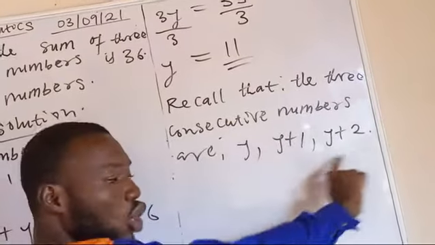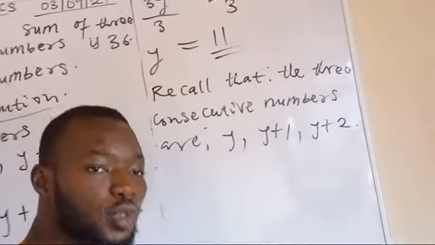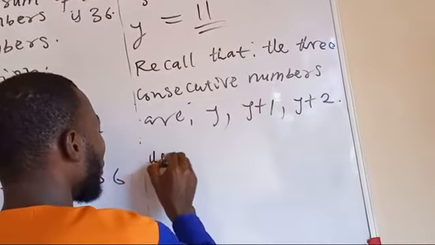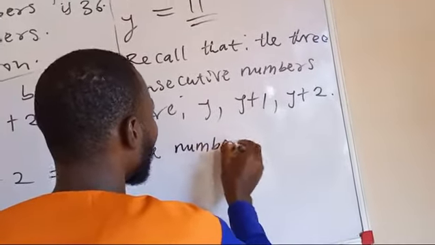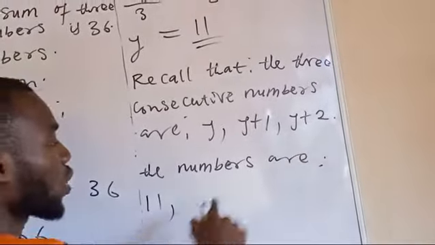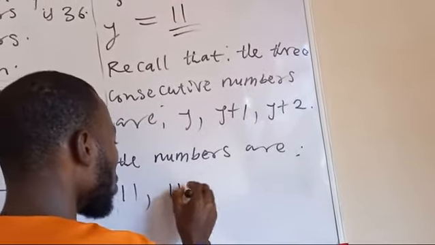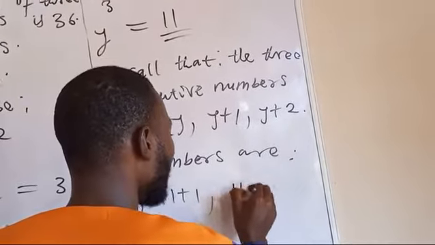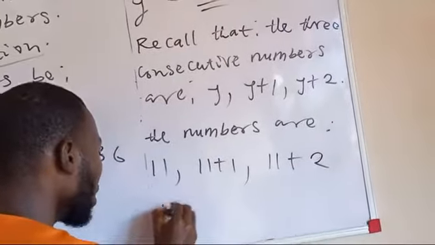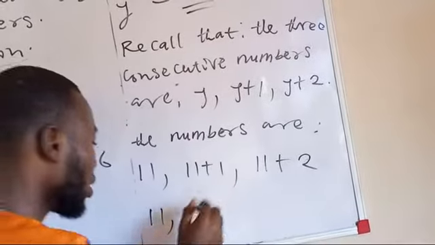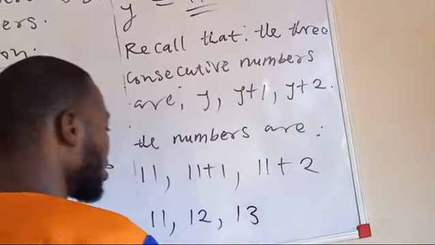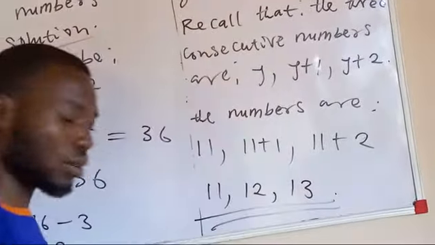For us to get the other numbers, anywhere we now see y, we replace with the value of y. So the numbers are the first one, 11, then 11 plus 1, then 11 plus 2. So the numbers will now be 11. 11 plus 1 is what? We have 12. 11 plus 2 is what? We have 13. These are the three consecutive numbers.